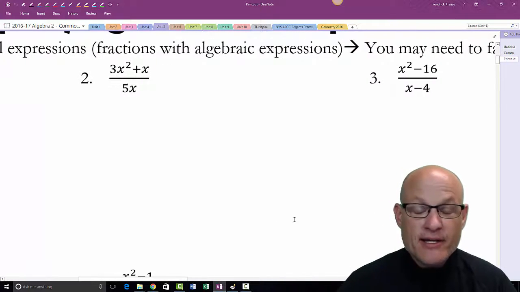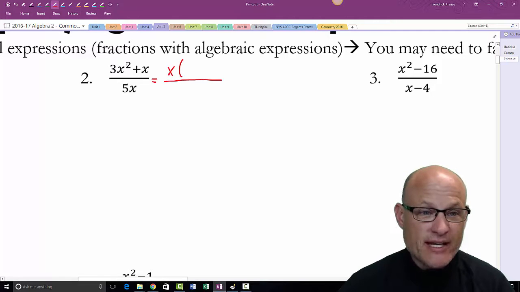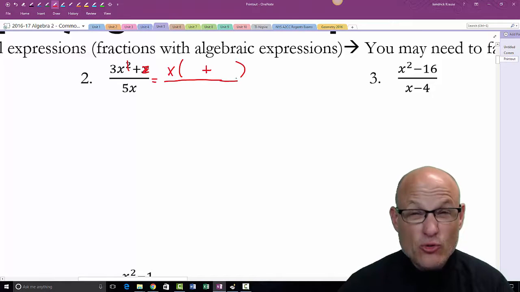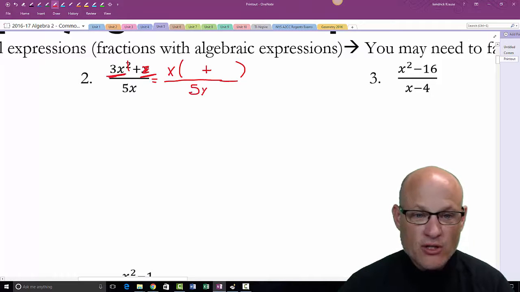Just like when we talked about factoring in the last unit, the first rule of factoring is always take out the GCF. So in this case, x is my GCF. If you take an x away from this and an x away from this, remember, there's still a plus sign here, so you have to fill 2 holes, one before the plus sign, one after. If I take an x away from the first one, I'm left with 3x.